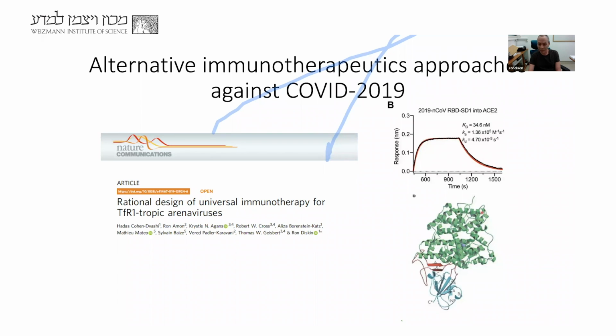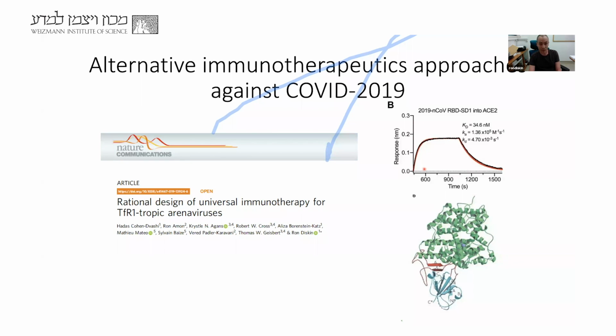So potentially we can take this ACE2 protein and fuse it to another portion of an antibody to create a chimeric moiety that will be able to bind the virus on one hand and recruit the immune system on the other hand. So this approach is something that we are currently pursuing in my own lab, and we hope that we'll be able to come up with something promising in the near future.